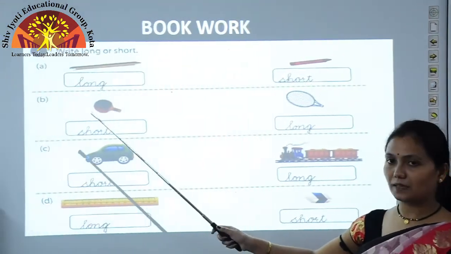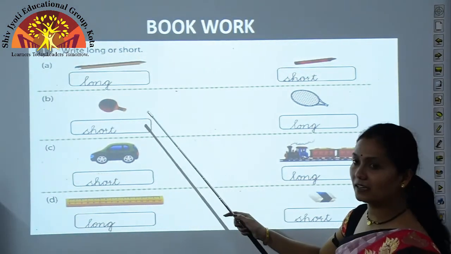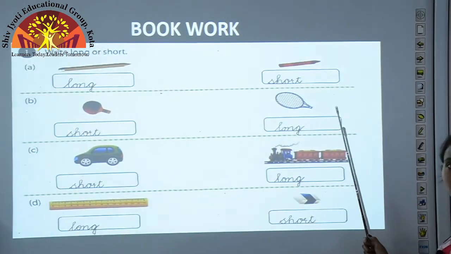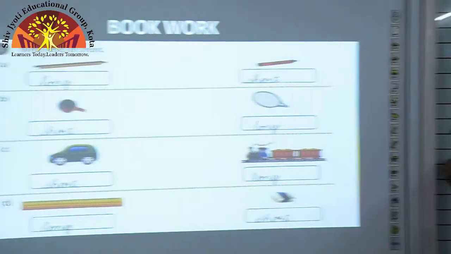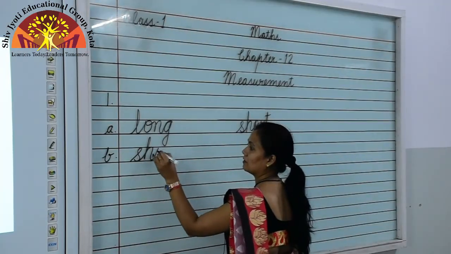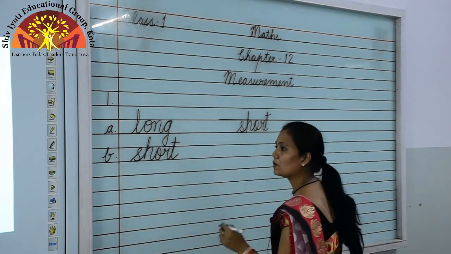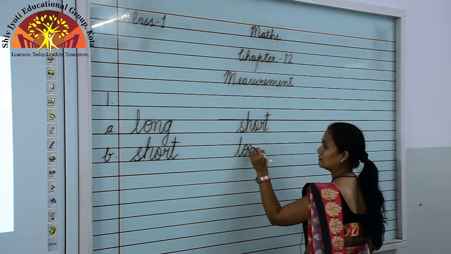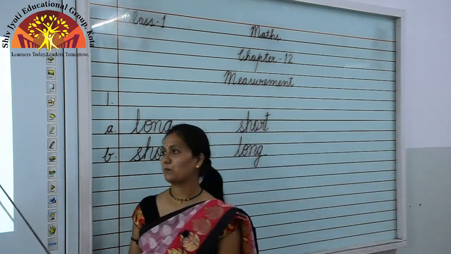Next, B. One is small racket, which is short, and this badminton racket is long. So we can write here S-H-O-R-T, short, below small racket, and L-O-N-G, long, below badminton racket.